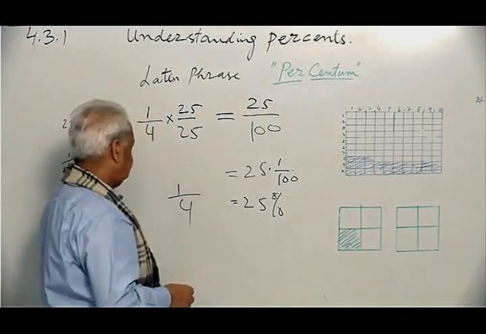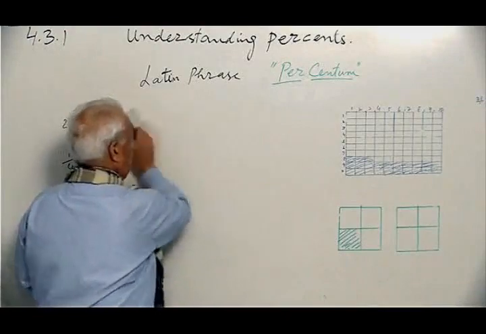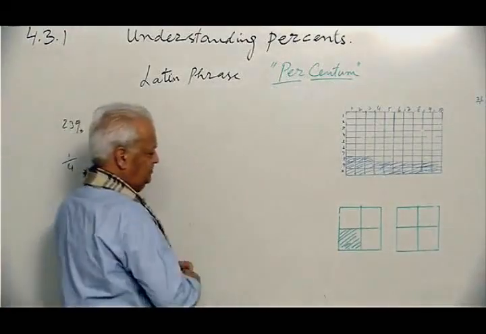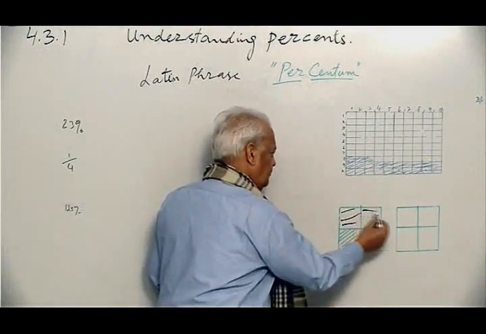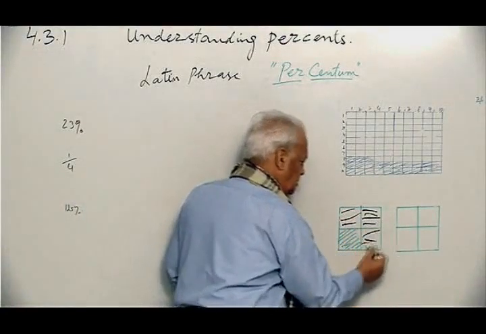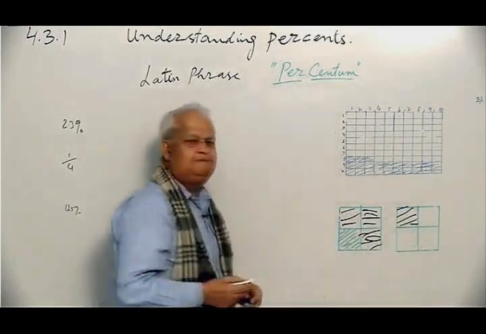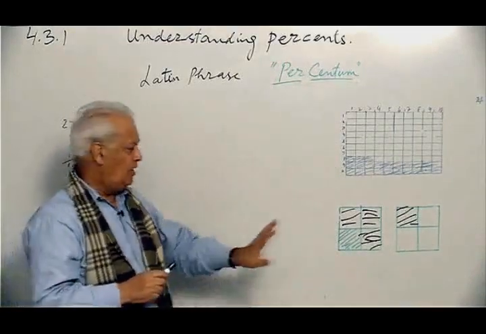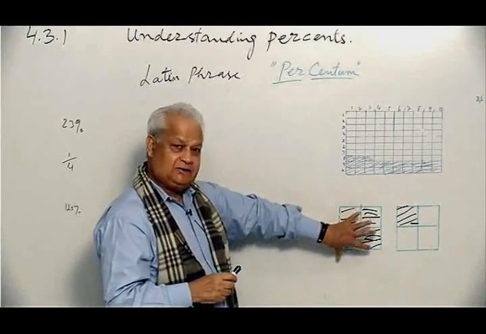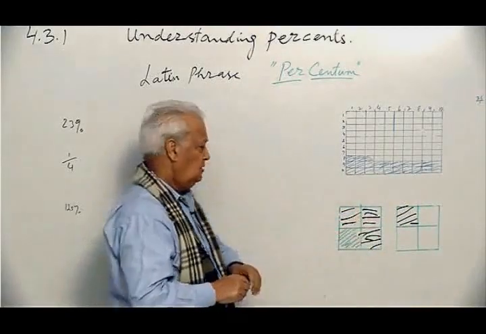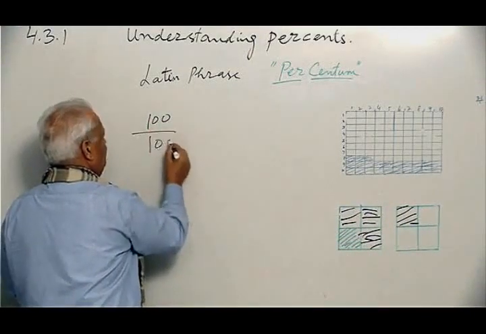Supposing sometimes we have two units of boxes, one full unit and then 1/4 of the second unit. Now I don't have one unit, I have two units. All the 4 parts of the first unit are shaded. That means 100 out of 100 parts are shaded.